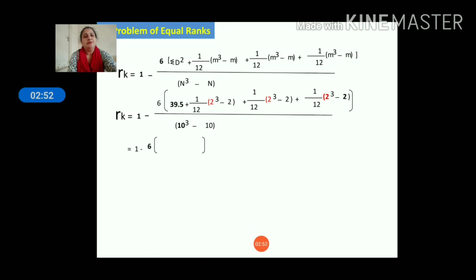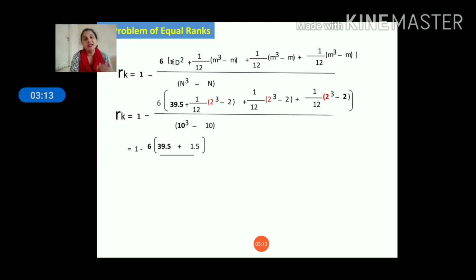Now see that this 1.5 will be added to the 39.5. Why? Because ranks are shared 3 times, so we have got 0.5, 0.5, 0.5 by putting the formula of 6 summation d square plus 1 upon 12 m cube minus m.